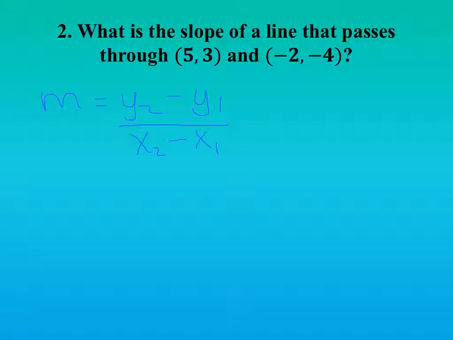So we should be getting pretty good at this. This is going to equal negative 4 minus 3 over negative 2 minus 5. All I did was negative 4 minus 3 and then negative 2 minus 5. And now I'm going to solve.